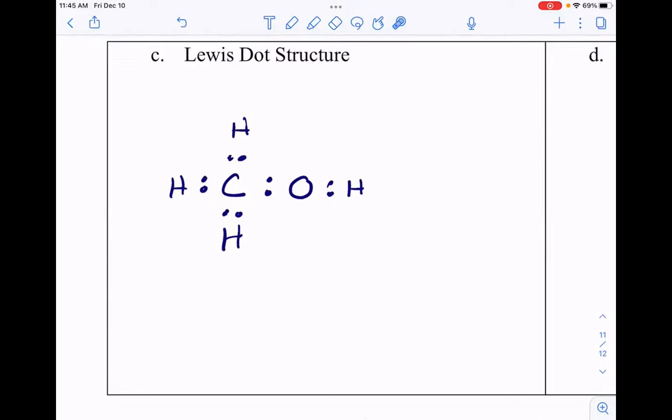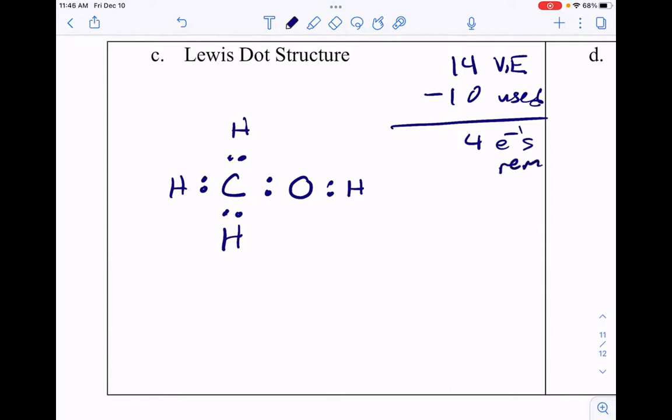All right, so let's see here. I have 1, 2, 3, 4, 5 bonds. 5 times 2 is 10, so of the 14 valence electrons total, I use 10. I have 4 electrons remaining. How many lone pairs can I create out of this? 2.